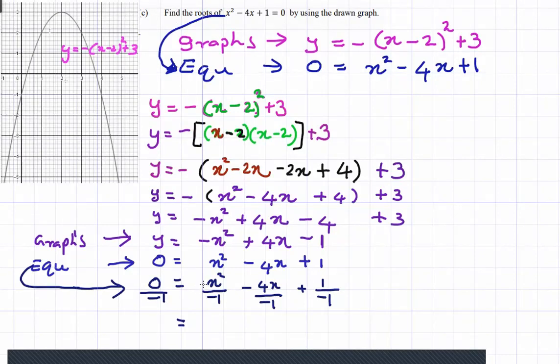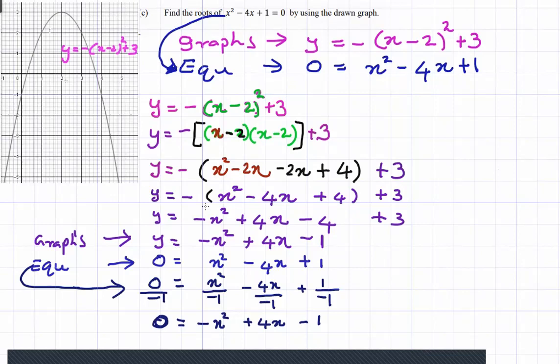It's plus. So plus divided by minus is minus. And when you divide something by 1, you get the same thing. So minus x squared. Minus divided by minus, that's plus 4x. Plus divided by minus, that's minus 1. And when you divide 0 by something, you get 0 back as the answer. 0 divided by anything is 0.